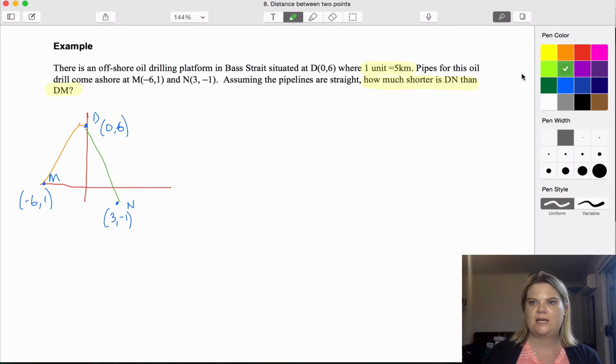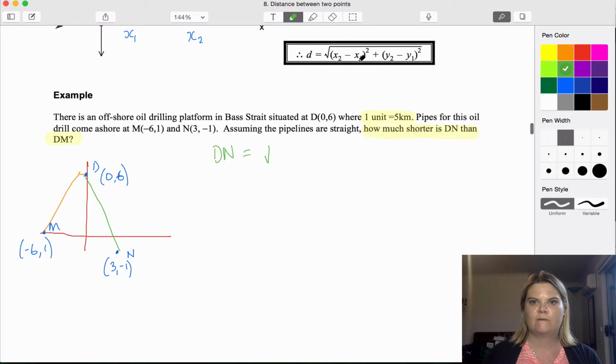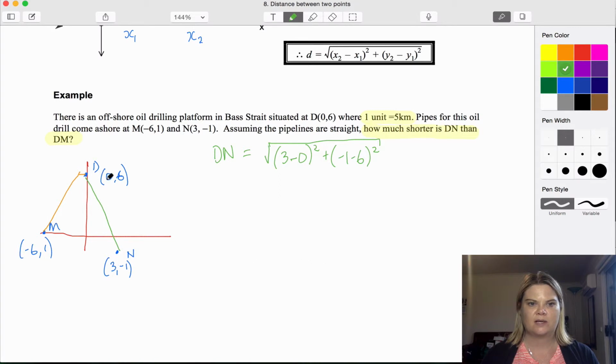For DN, the length of DN will equal, using my formula up here, the distance between 2 points formula, I've just substituted the values in, so it's x2 minus x1, 3 take away 0. You could have chosen to go the opposite way, 0 take away 3. Doesn't matter which one's x1 and which one's x2, as long as you keep the 1s and the 2s together.